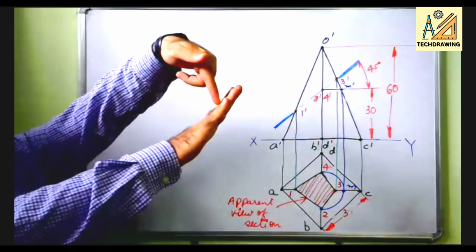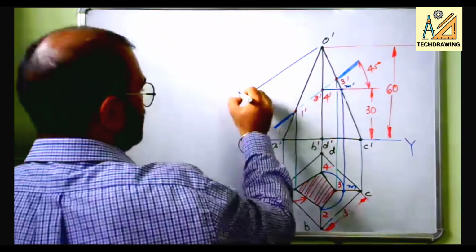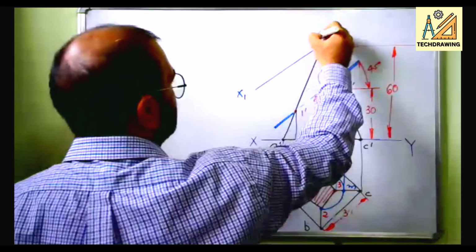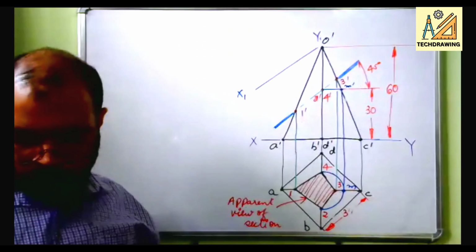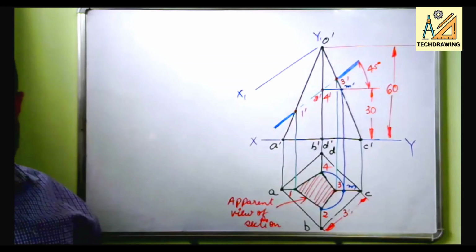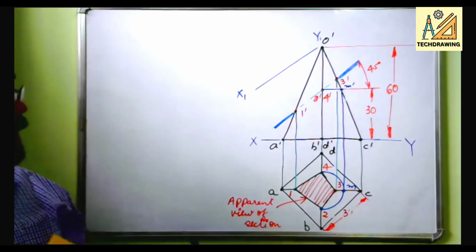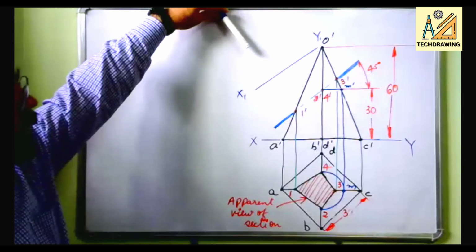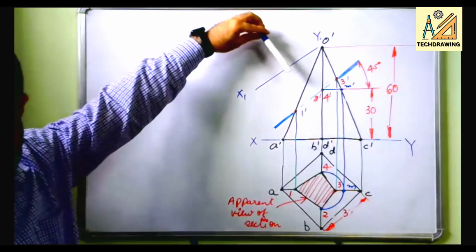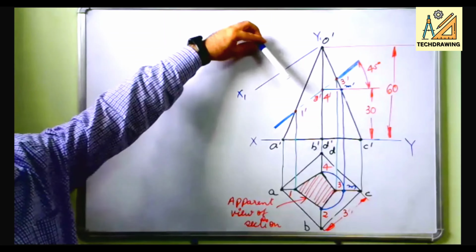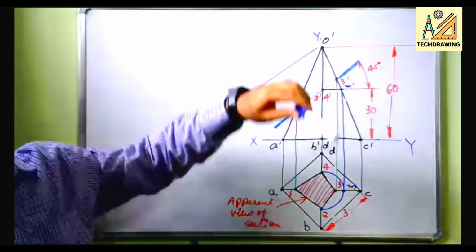Just draw a line like this. Let it be x1 and let it be y1. Then from there, again I am repeating, I am viewing this object perpendicular to this cutting plane. Now I am doing it like this.